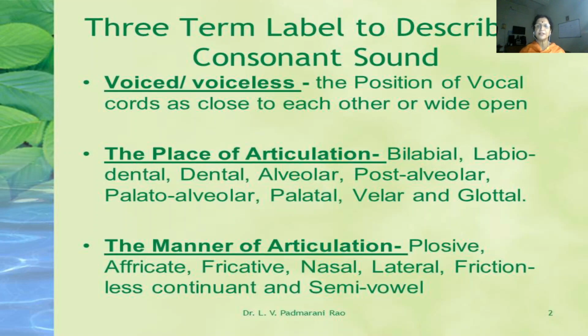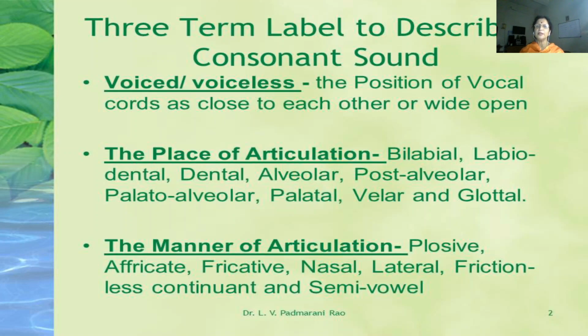So the manner of articulation is very important, and accordingly we have plosives, affricates, fricatives, nasals, laterals, frictionless continuants, and semivowels. So these are the three-term label to describe a consonantal sound: voiced or voiceless, place of articulation, and manner of articulation.